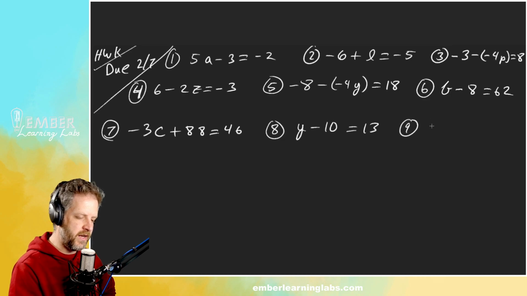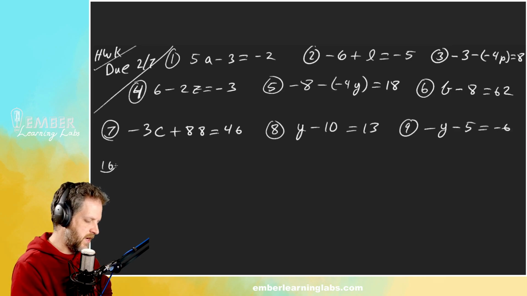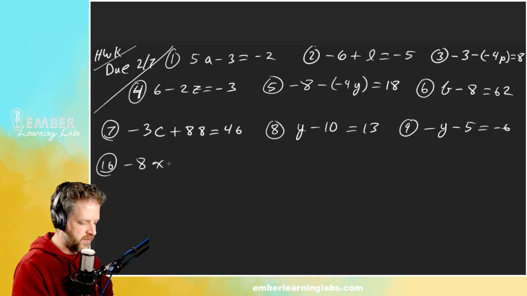Number 9 is -y minus 5 equals -6. Number 10 is -8x minus -2 equals 63.